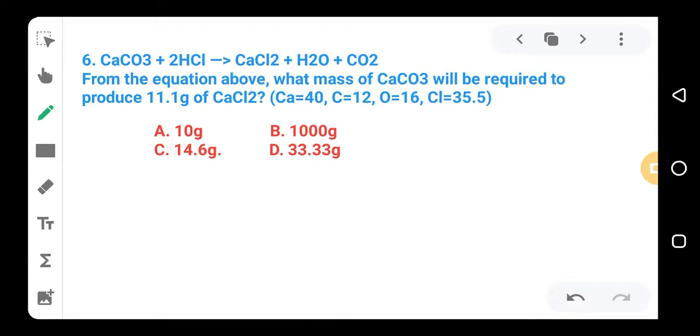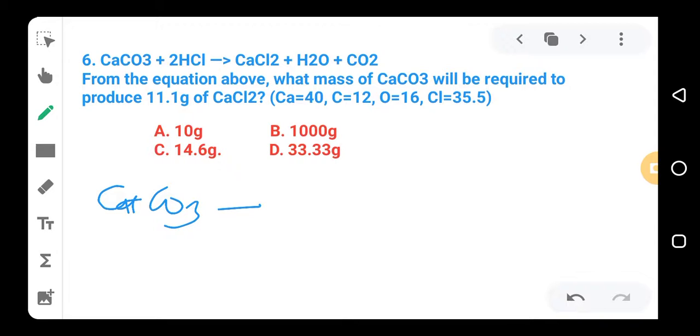We say that from this we see that 1 mole of calcium carbonate, which is CaCO3, produces how many moles of CaCl2?